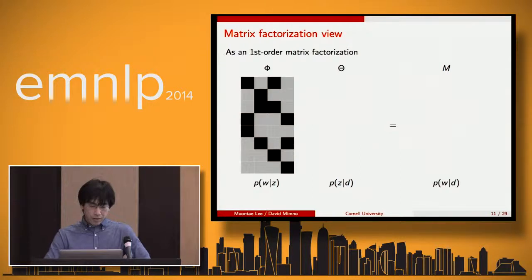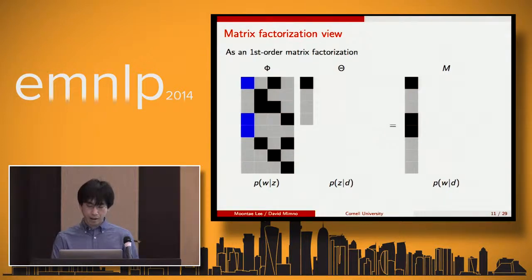If I reinterpret this process in terms of matrix factorization, the matrix M on the right-hand side is the term-document matrix, whose columns are documents and whose rows are words. And we have the topic matrix on the left-hand side, capital Phi. Currently we have 8 words and 4 topics.